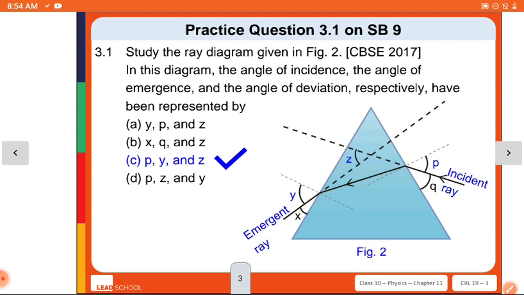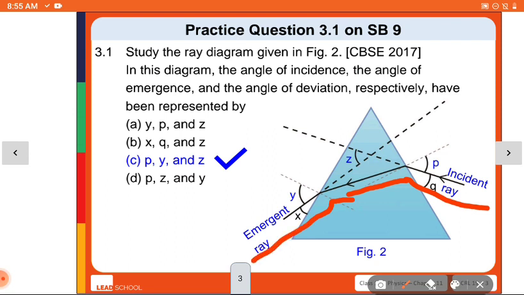And after bending toward the normal, the incident ray, after refraction, becomes the emergent ray.